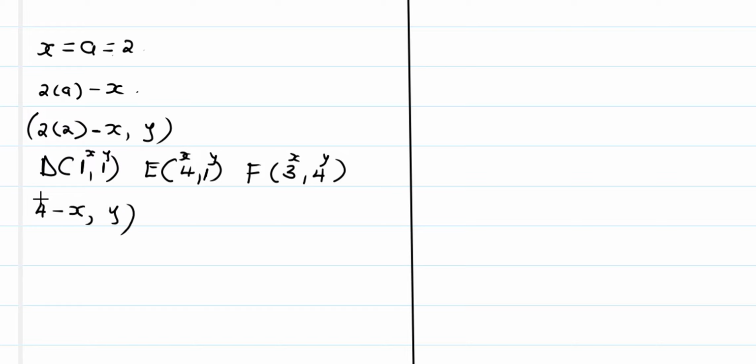And then we apply this formula here. So D reflected becomes 4 minus the value of x, which is 1, so it becomes 3, then y is 1. Then for E, it becomes 4 minus 4 for x, which is 0, and the value for y remains 1. And then for F reflected, it becomes 4 minus 3 for x, which is 1, and the value for y remains.